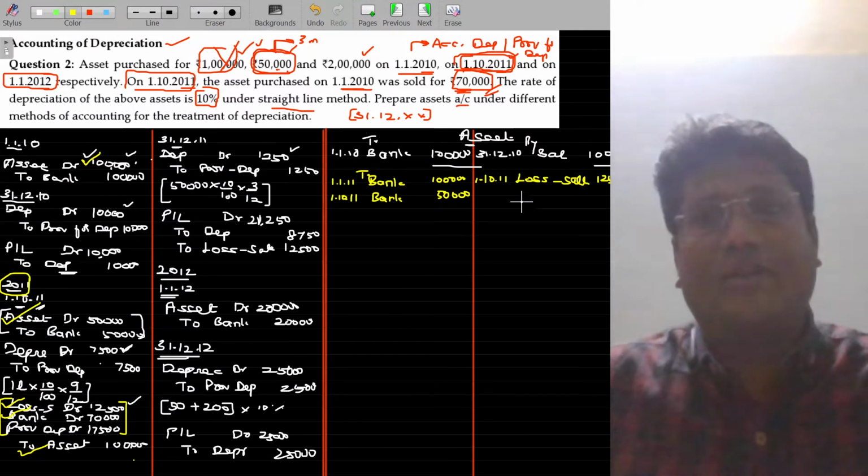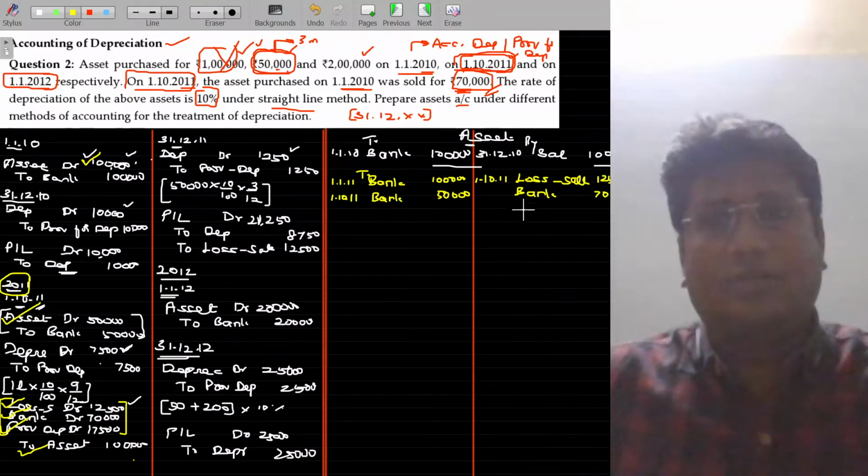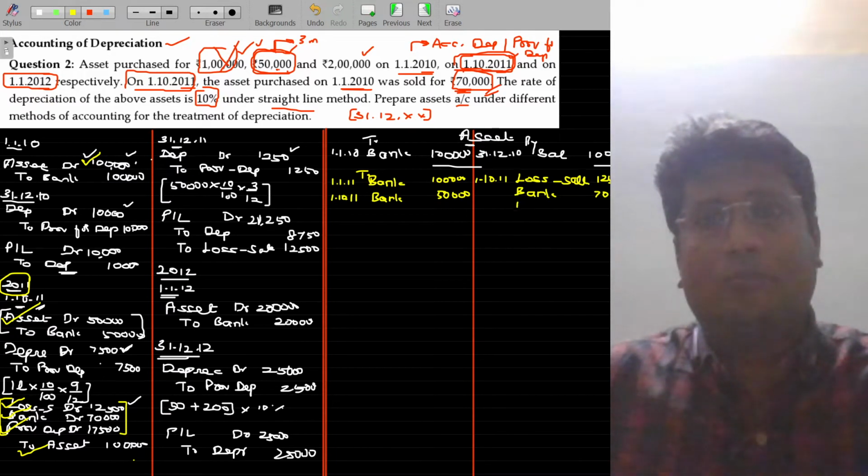Collection 70,000 rupees. And accumulated depreciation on the assets sold is transferable from the provision for depreciation, this value being 17,500.